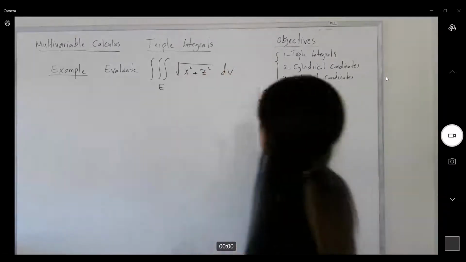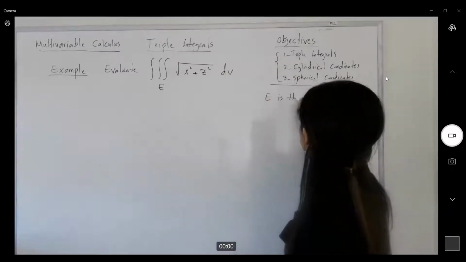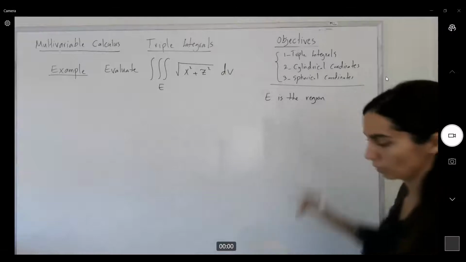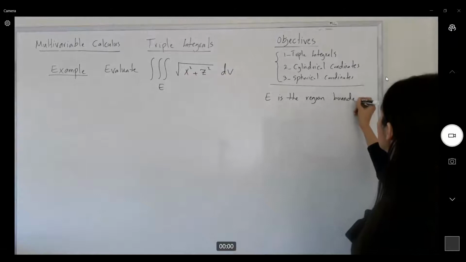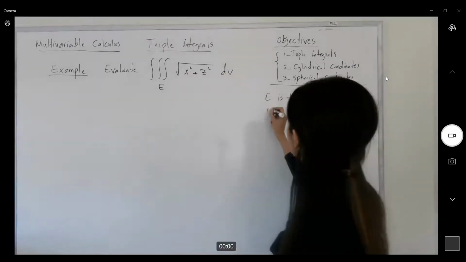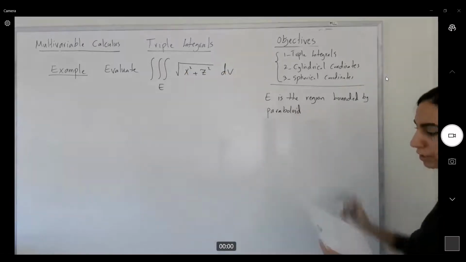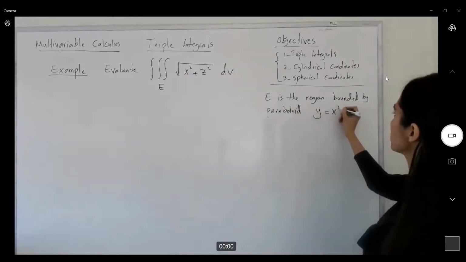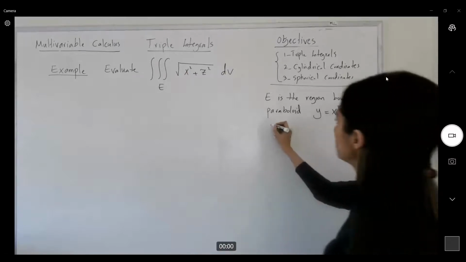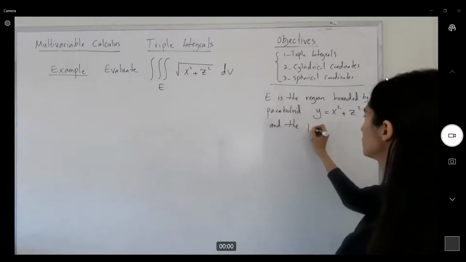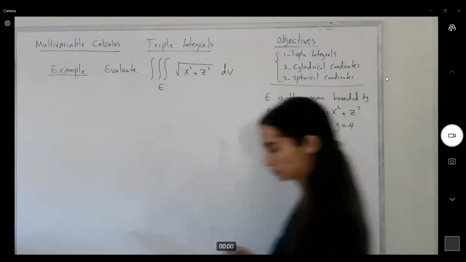And E is the region bounded by the paraboloid y equals x squared plus z squared, and the plane y equals 4.